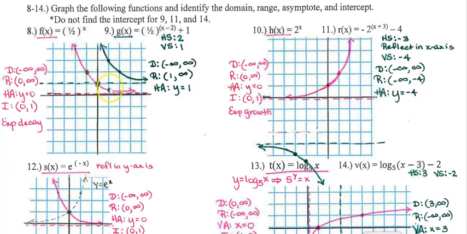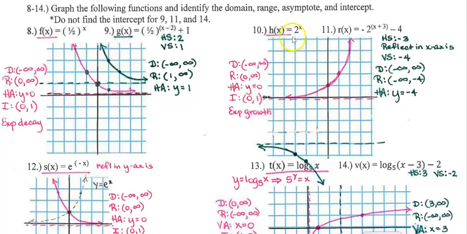So I know what this piece of the graph is going to look like. It's going to approach that asymptote. So all I need to do is come over here and plug in 1 point. Like if I plug in -1, 1/2 to the -1 is going to give me +2. So that gives me my graph of my function.